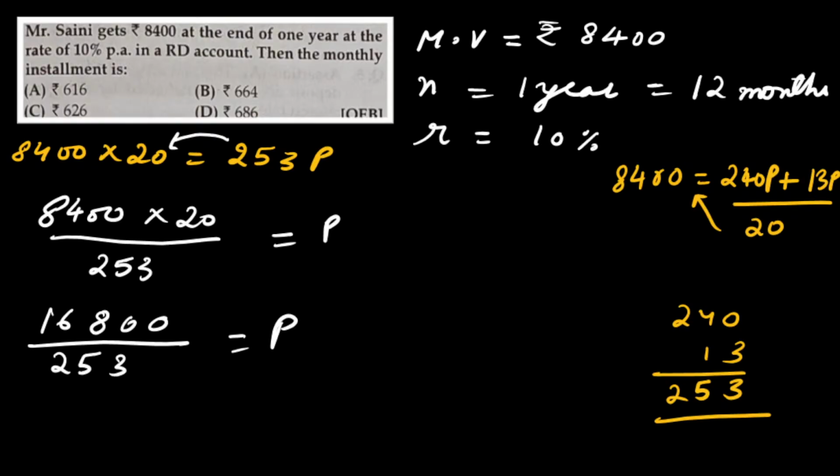So how can we do the cancellation? As many of you have already solved, Jayashree has sent the answer. 664, the answer you are telling me. How can we do the cancellation? 253 into 664, if we multiply it, let's see.